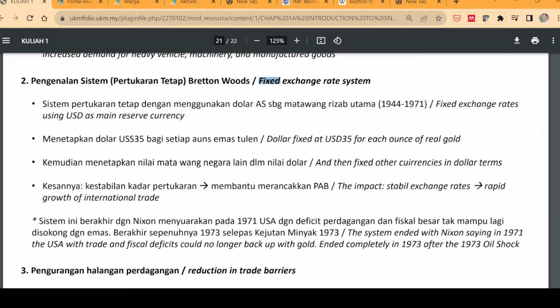I export my product for $100. That $100 today, when I exchange to ringgit, I'll get 300 ringgit Malaysia.